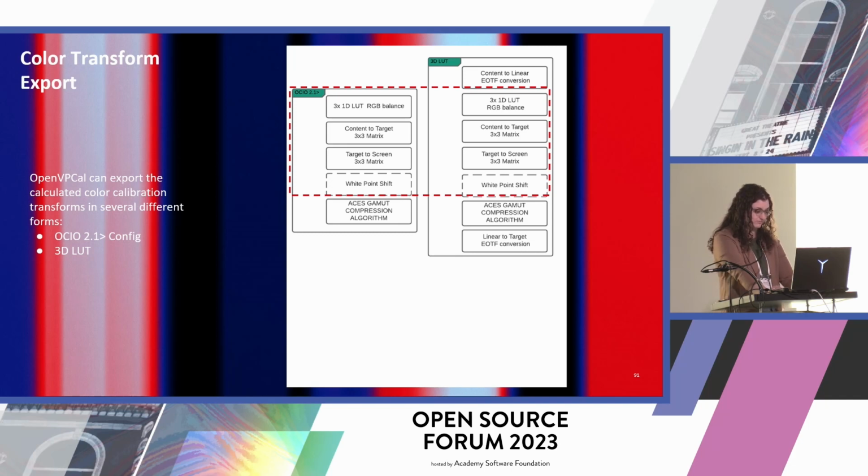Most in-camera visual effects applications are already running OCIO 2.1 in the latest versions of that software. So we decided that we are going to support OCIO config generation for OpenVPCal for 2.1 and above, and fully encapsulated 3D LUT export for pretty much everything else.